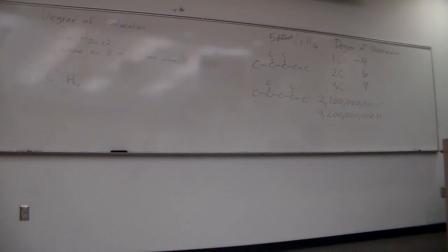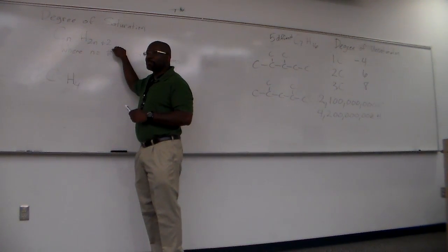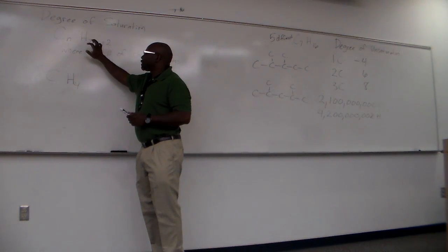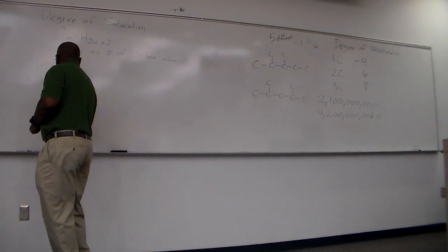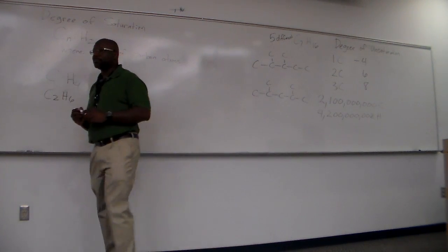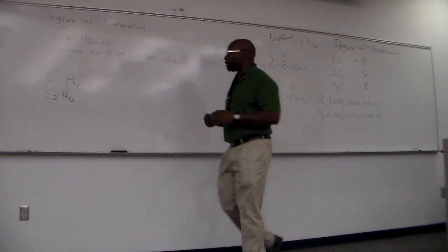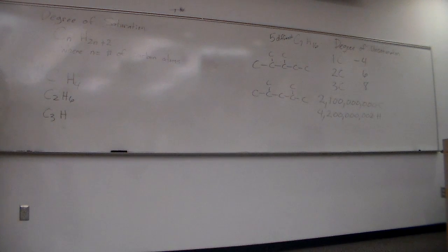If I had 2 carbon atoms with the maximum hydrogens, 2 times 2 is 4 plus 2 is 6, so I get C2H6, and we said the number would be 6. If there were 3 carbon atoms, C3, it'd be 2 times 3 is 6 plus 2, 8.